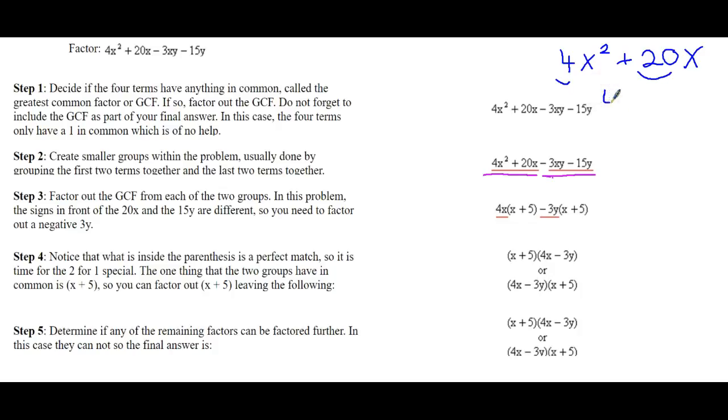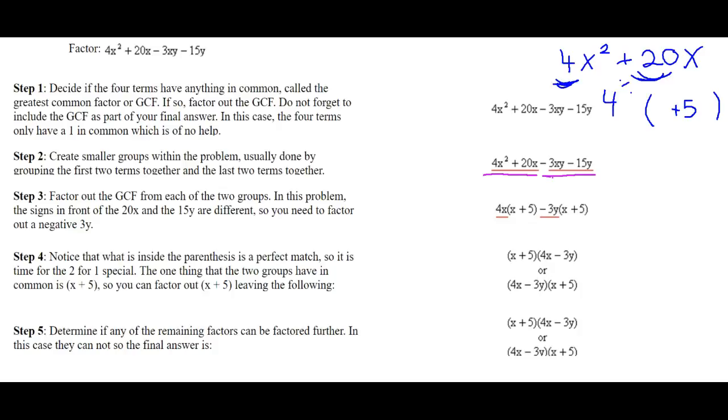So 4 is my greatest common factor. Again, I have the parentheses. We factored the 4 out, so nothing is left here. We took the 4 out of the 20, so what's 20 divided by 4? 20 divided by 4 is 5, and the plus sign stays the same. Now, look at the variables, the x's. You have x squared and you have x.